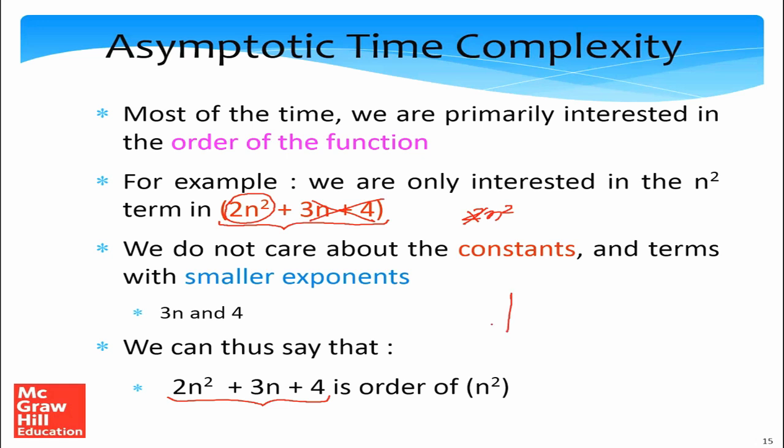The graph of this function will essentially be a quadratic graph, might be something like this, and n square will sort of be half of it, something like this. But we want an approximate representation where we don't want many constants. As long as one curve is some constant times another curve, we'll ignore the constant. So we can say that this is approximately growing as n square would grow.